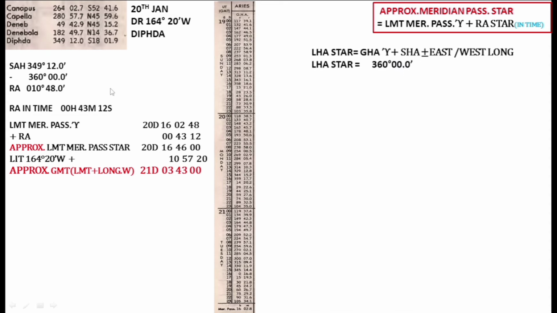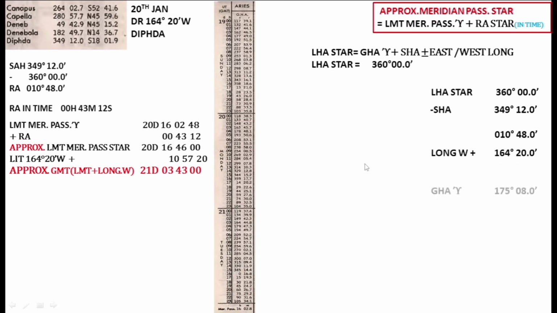Now, if the question was given to you to find the exact time, this was the approximate time, and we had done it earlier that when the body is on the meridian, the LHA of the body is 360 degrees. So I put the LHA of the star, use the SHA, use the longitude, and get my GHA Aries, as you can see in the formula here: minus, because SHA goes here, plus or minus longitude, and I get my GHA Aries.